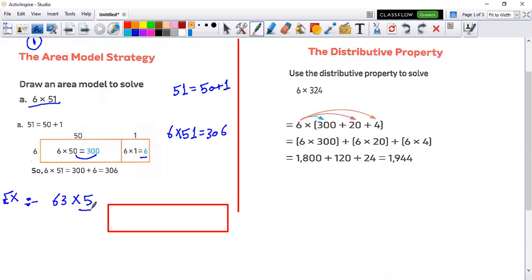Its width is 5, and put 63 in expanded form. 63 equals 60 plus 3. Now divide this rectangle into two rectangles. The first one, its length is 60, and the second one, its length is 3. Draw a line.